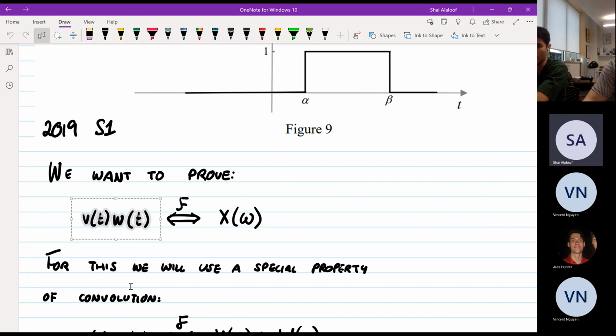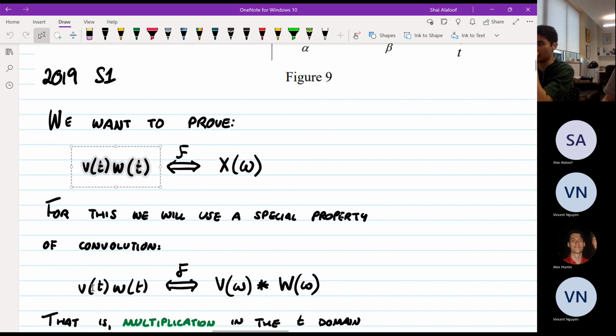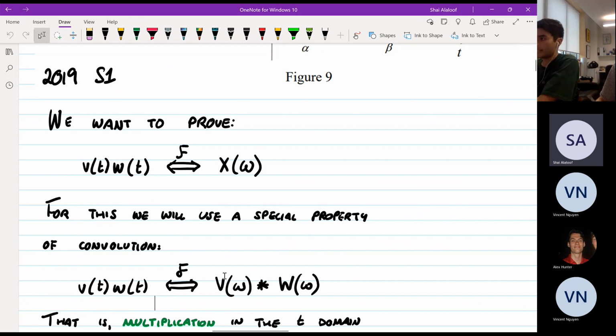So a multiplication in the frequency domain corresponds to a convolution in the time domain. That is to say, when you Fourier transform V of t times W of t, that is equivalent to convolving the Fourier transforms of V of t and W of t. So it's the Fourier transform of V of t convolved with the Fourier transform of W of t.